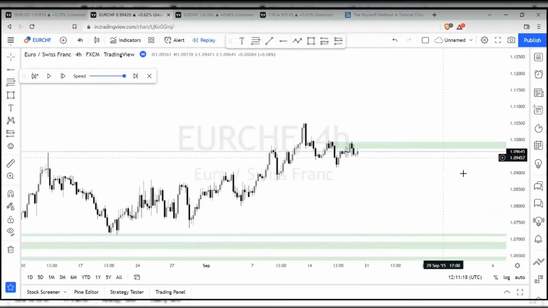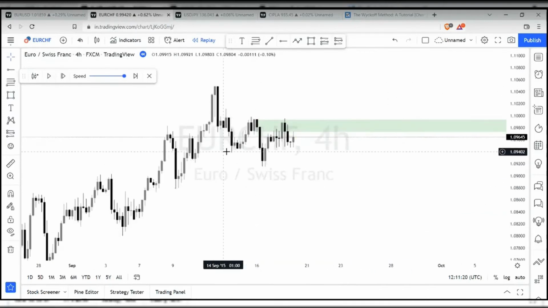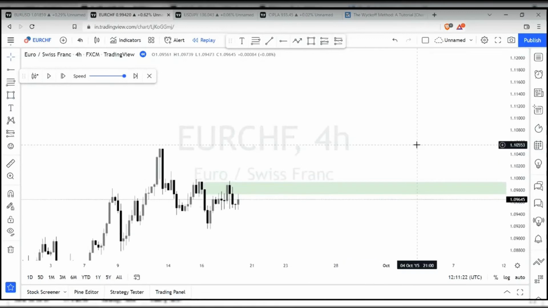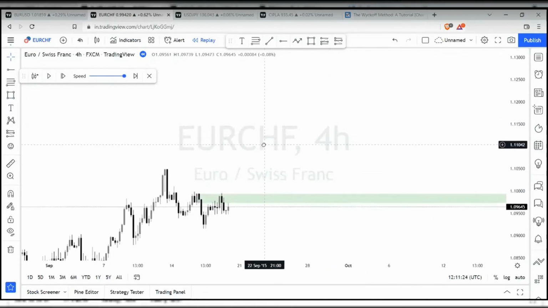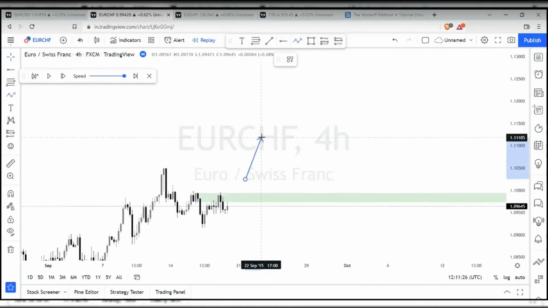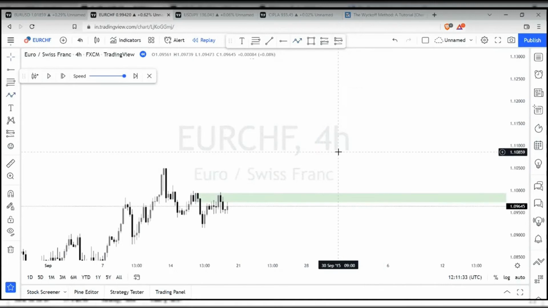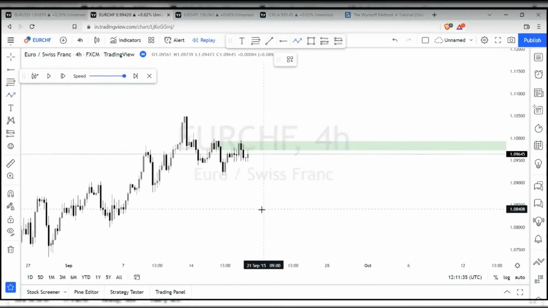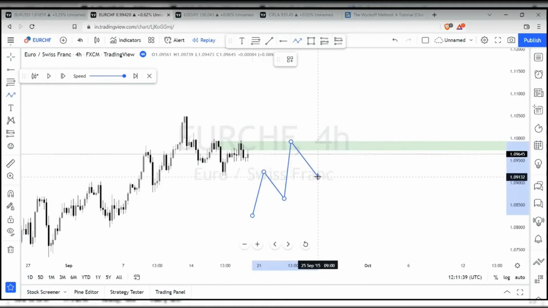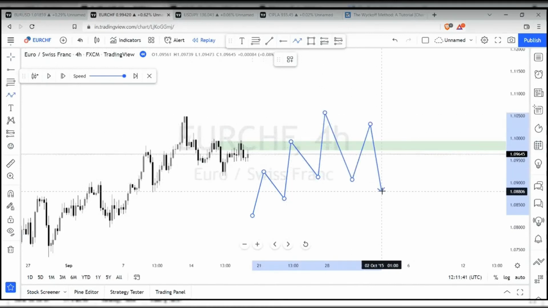Even though we have a break of structure like this, this is when you need to combine your Dow Jones theory with your Elliott wave. Dow theory says that price keeps making higher highs and higher lows. However, Elliott wave theory says that price moves 1, 2, 3, 4, 5, A, B, C. Break of structure, break of structure.